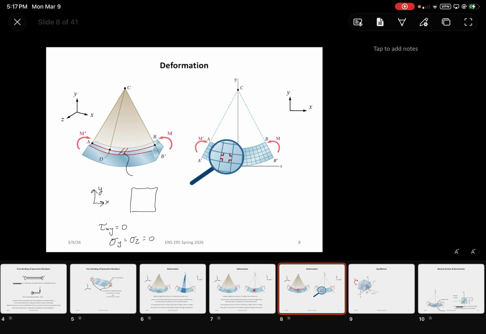Which leaves us with just sigma x, which is basically going to be a non-zero value, right? Because if we're dealing with compression, then technically the sigma x is going to be negative at the top, and then it's positive at the bottom.